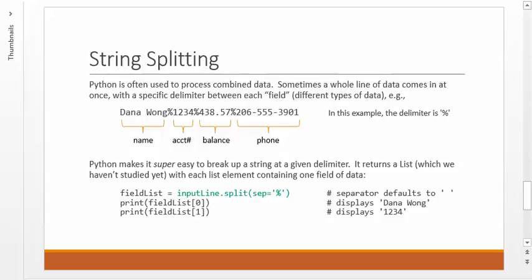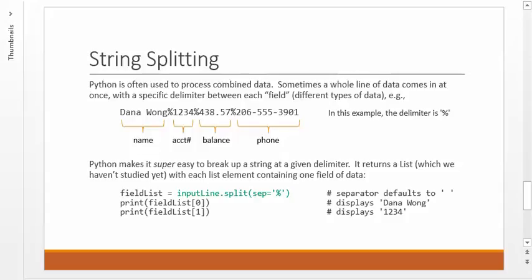Now what it's going to return is actually a list data structure. Right? This would be an array in some programming languages or a list in Python. Now again, we're going to study this more in detail, but all you need to know now is that you can index that list, and each index will point to one of the strings that it pulled out after it split it apart at the percent signs.